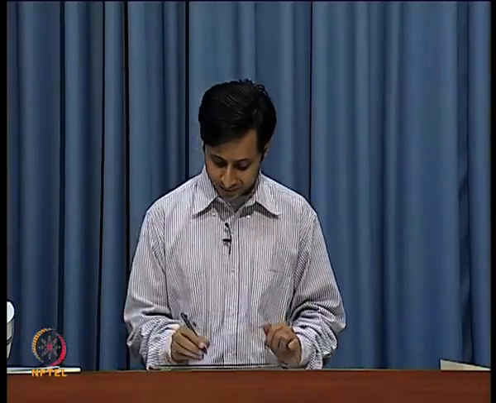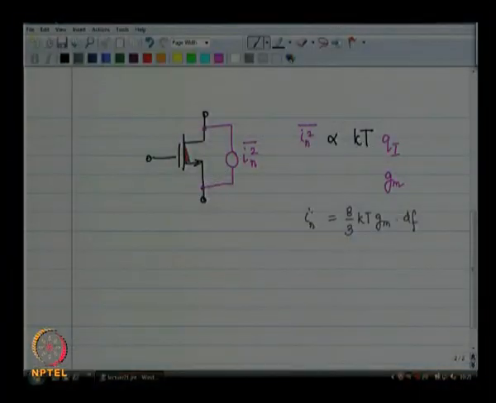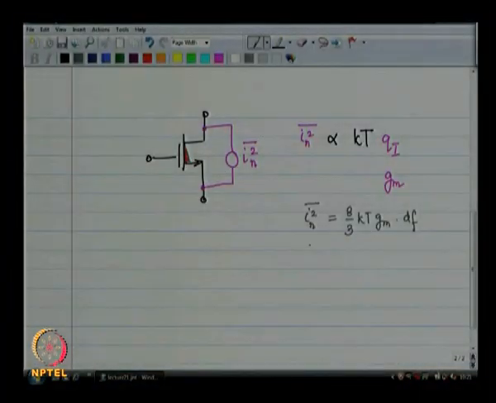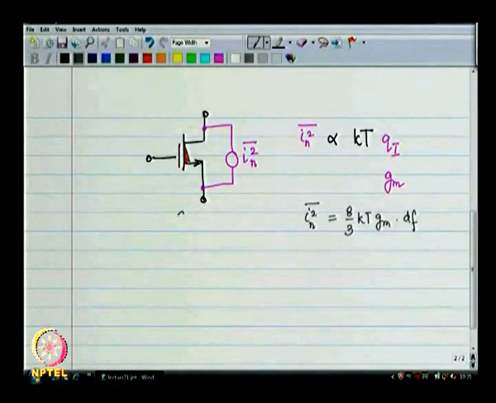If it had been a uniform channel, then you would probably have got 4 kT gm df, I do not know. So, this is I n squared under conditions of strong inversion and more importantly under saturation.